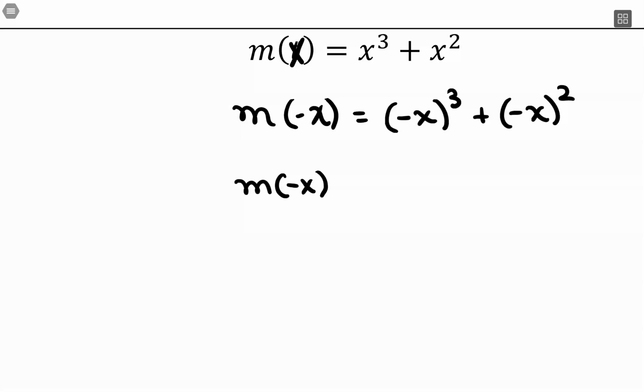So in simplifying, that negative x cubed would lose its parentheses, and then that negative x squared would be a positive x squared. So as we can see, the negative x cubed is not exactly the same as the original function, so it's not going to be even. And if it was odd, then we would have negative x cubed minus x squared. So we would change the sign of each piece, but we do not have a minus x squared there. So this is neither.